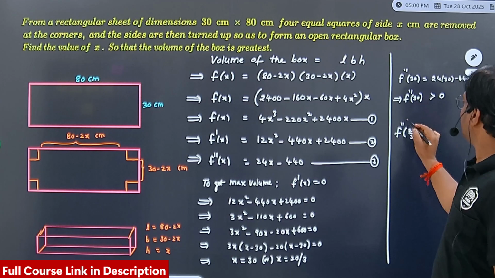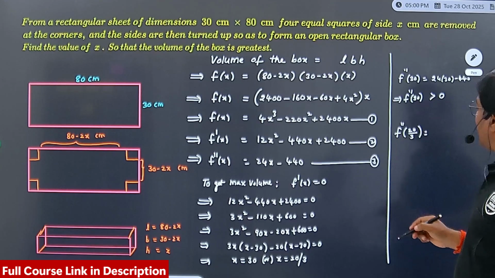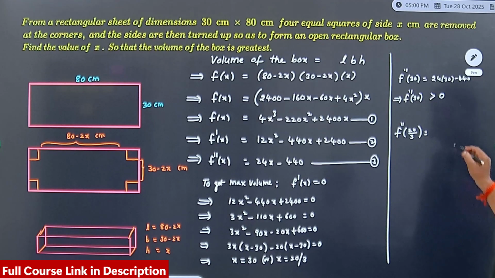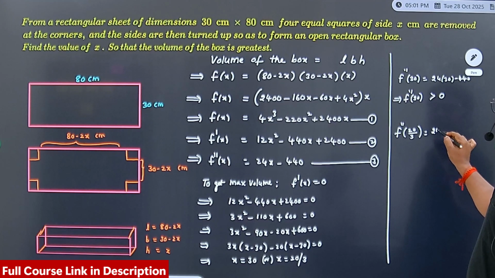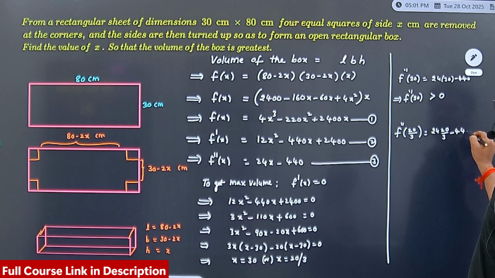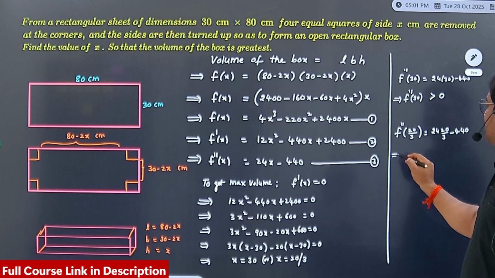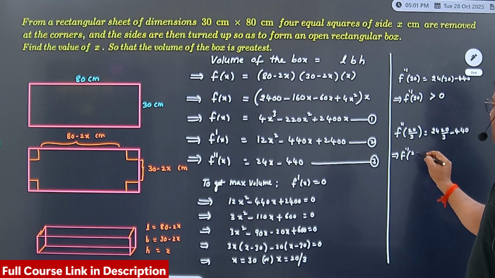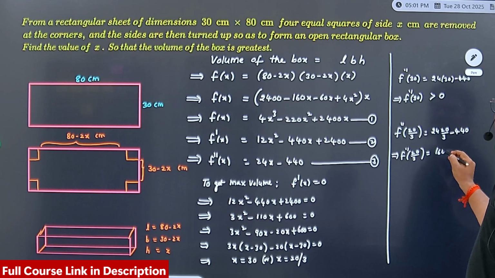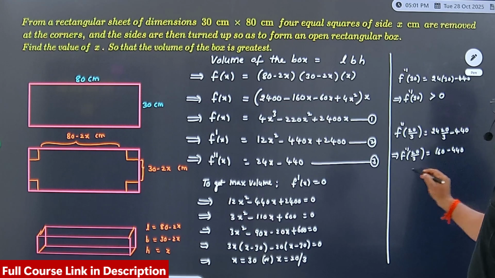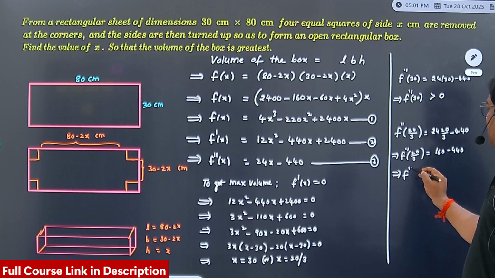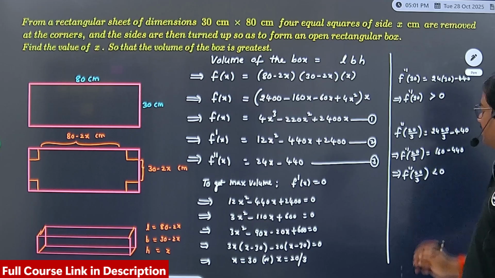But when you write f double dash at x equal 20 by 3, it is 24 into 20 divided by 3 minus 440 implies double derivative at 20 divided by 3 become 160 minus 440 implies double derivative value become negative.